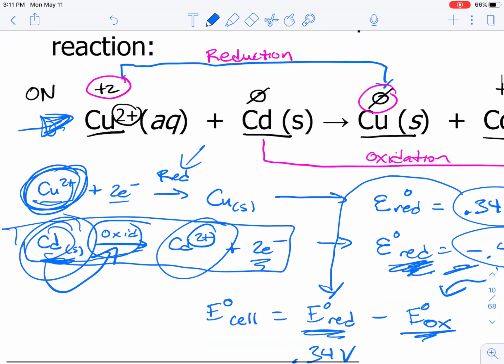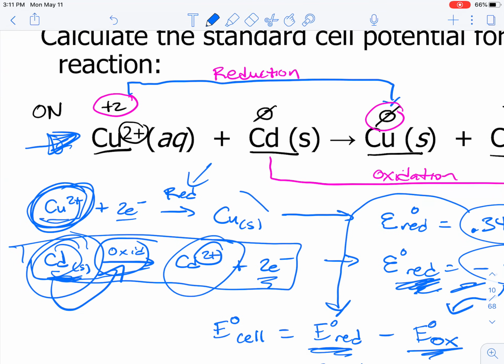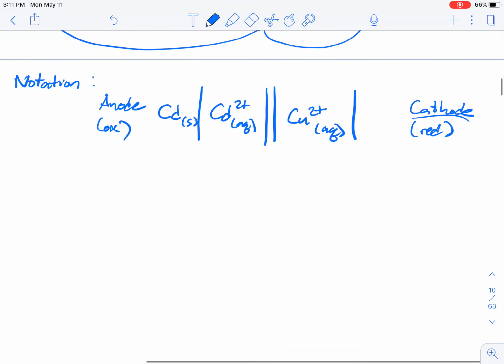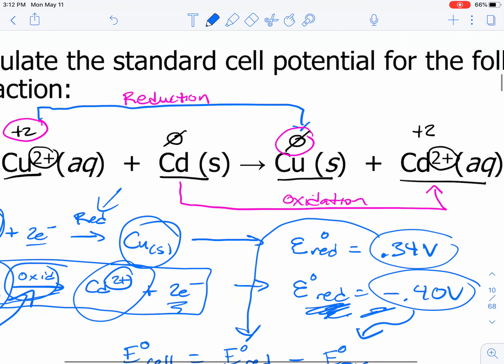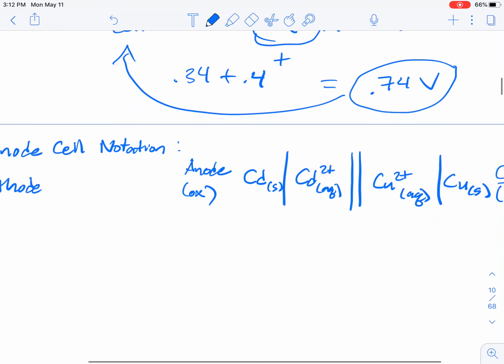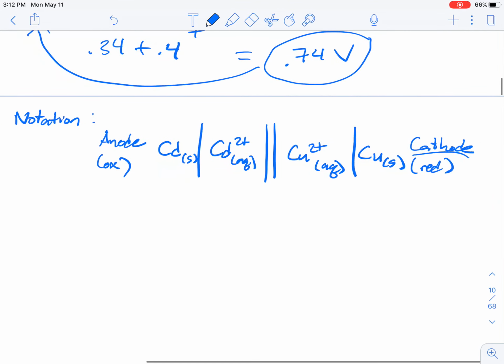And then last but not least, you guys are going to write the metal itself. So it's copper solid. So this is the cell notation for the reaction that's shown above. Okay.